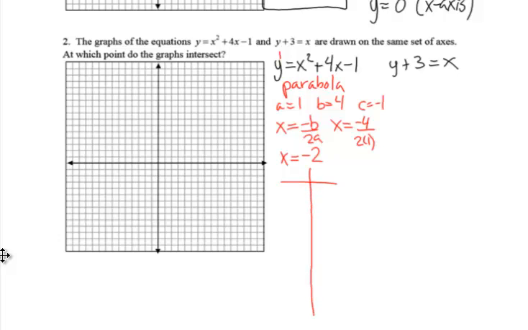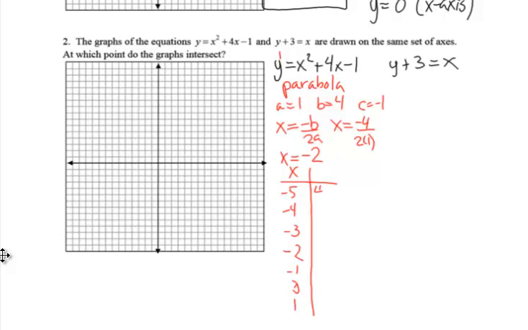So we make our table of values. We've got negative 2, negative 3, negative 4, negative 5, negative 1, 0, 1. We learned the other day we may need more, but that'll at least get us started. If you've got a graphing calculator, you go to y equals x squared plus 4x minus 1, and go to your table and arrow around till you get these.